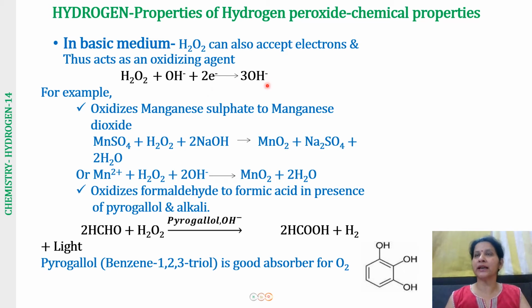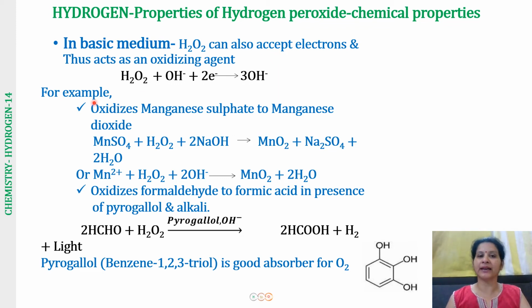In total, the reaction is H2O2 plus 2 electrons forming 2 OH ions. But you have to remember that this is the actual reaction that is happening. It uses OH ions, and ultimately it forms more OH ions. I hope you remember this.